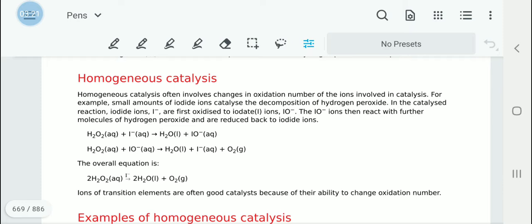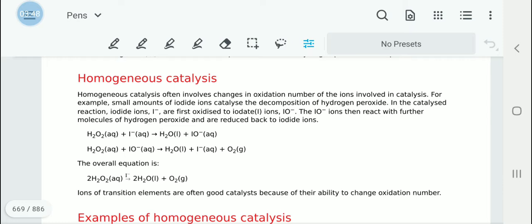The main principle of catalysis is that the catalyst does not get used up. It has to remain in the same form at the end of the reaction, and that principle is obeyed here. As you can see in the first equation, H2O2 plus I- gives H2O plus IO- aqueous ions.